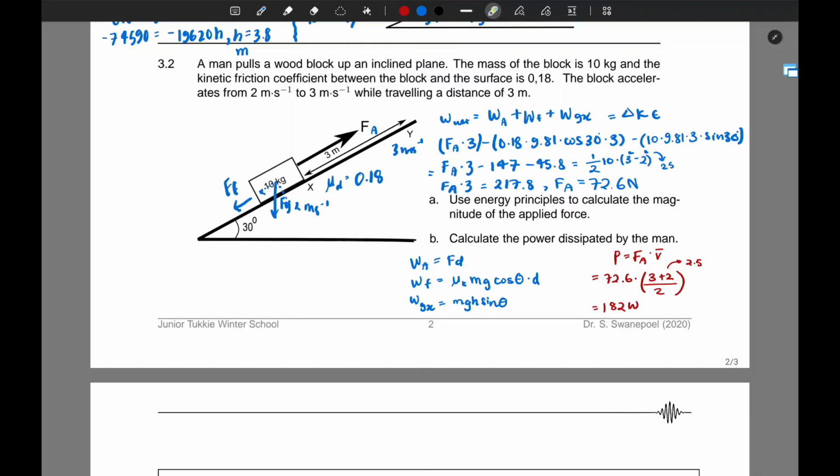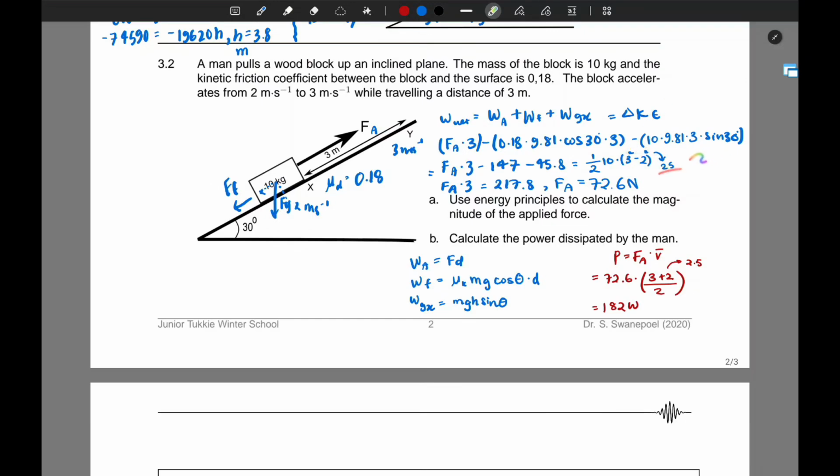Now that that's done, we plug in our values that are known here, and we'll let the applied force remain a variable. And then we solve for the change in kinetic energy, which is now that we are given half mass into the change in velocity, we'll plug that in and we square the velocities.